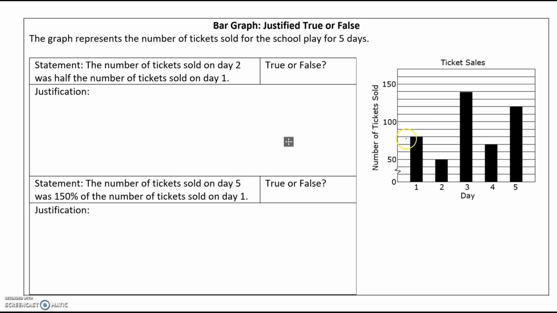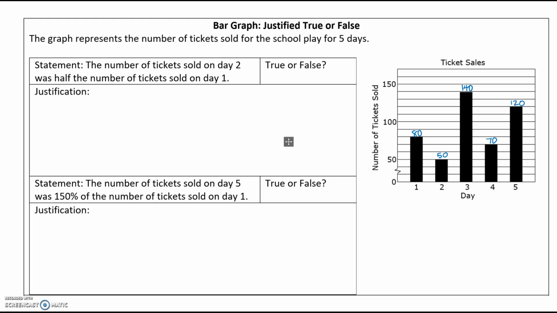So this first one is 80. This one is up here at this line, 140. Then 50, 70, and 100, 110, 120.